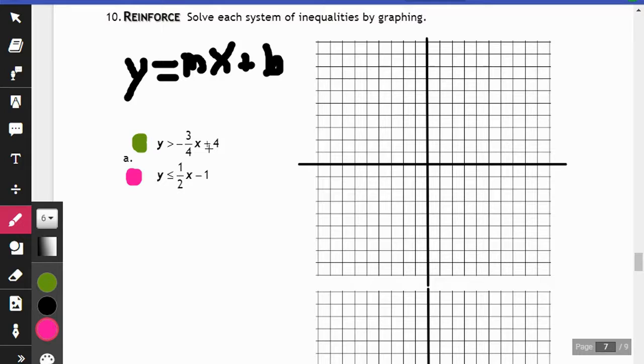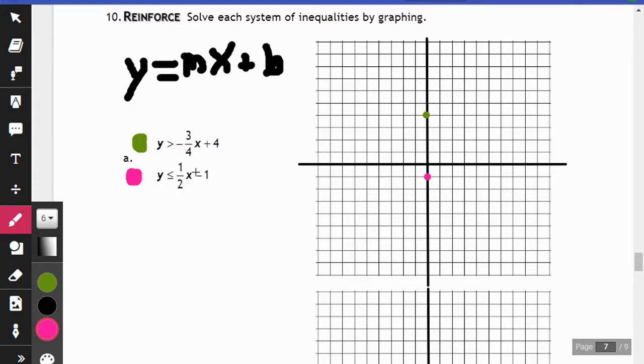For the green one, I know my y-intercept is 4. 1, 2, 3, 4, right there. For my pink one, I know my y-intercept is -1, because that's what we graph in y equals mx plus b form. Next, I know that this one's -3/4, which means it goes down 3 and over 4.